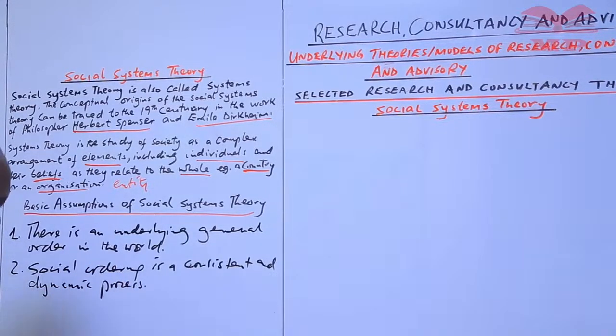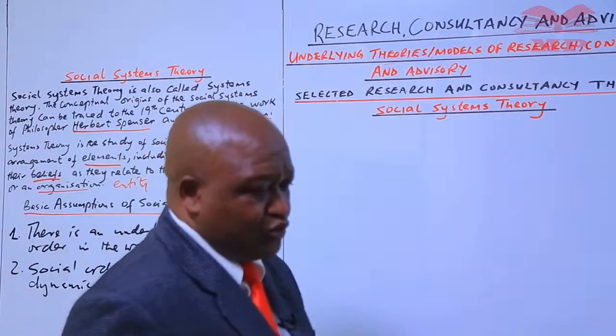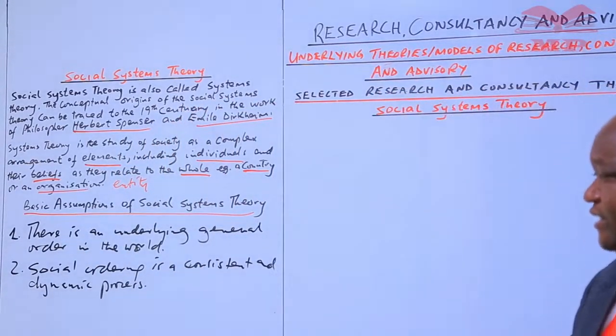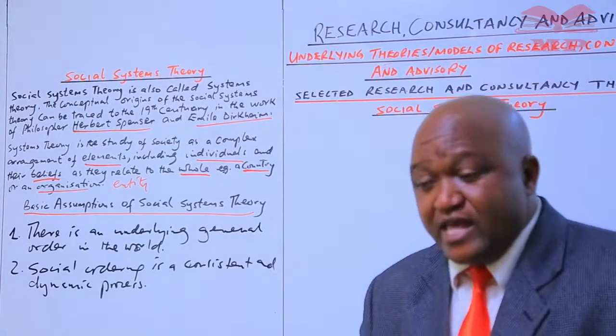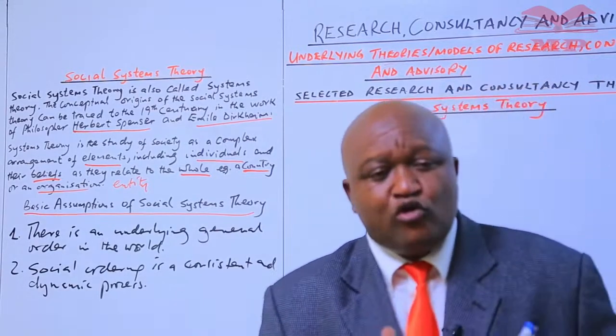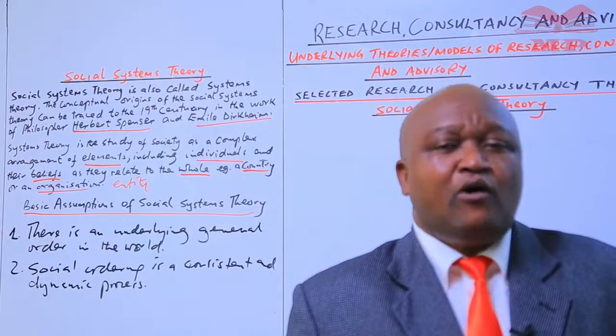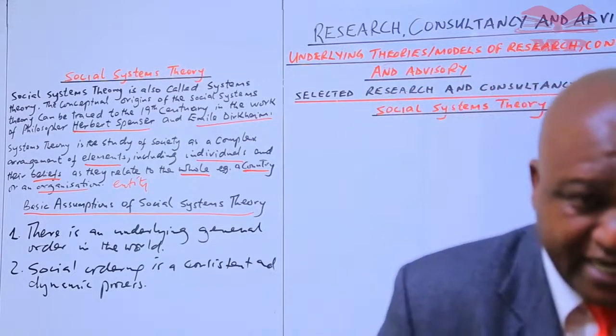What this implies is that whichever way a society or an organization is structured, there will be dynamics in terms of how order is maintained and sustained in that particular working organization or entity.